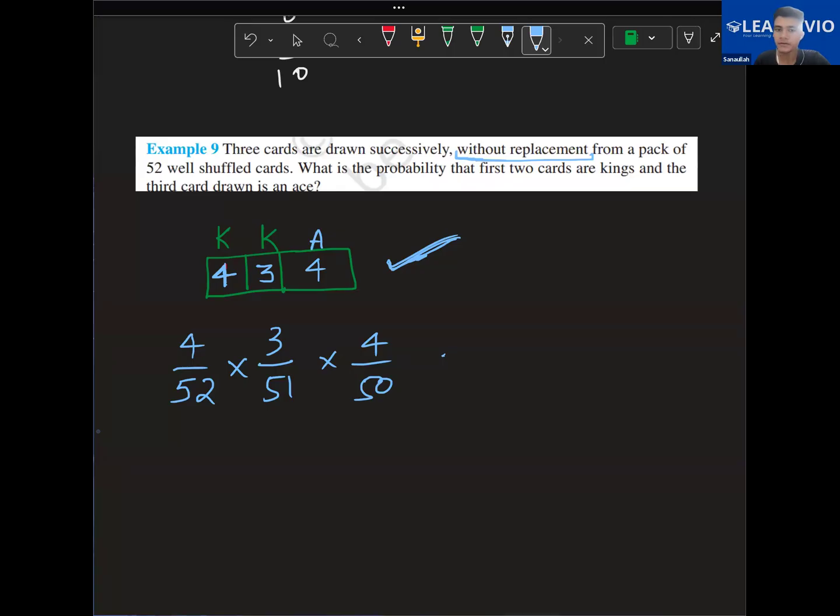Because we are removing cards in the first step, then in the second step. So एक एक card कम होता जा रहा है, right? In the first step we have total 52 cards, but after removing one card we have only 51. उसके बाद 50 card. So this is the probability, and this is around 1648.